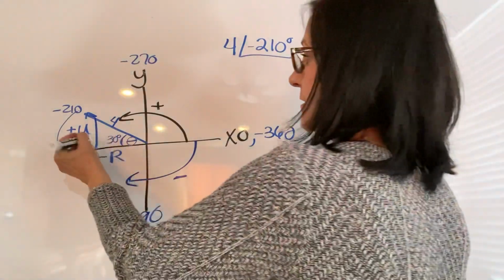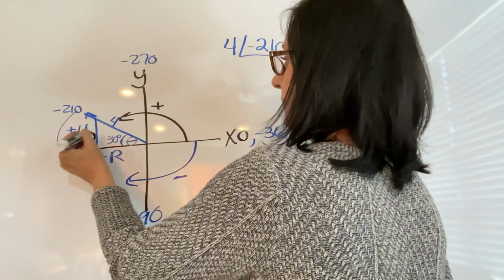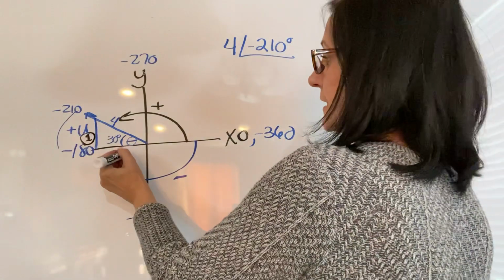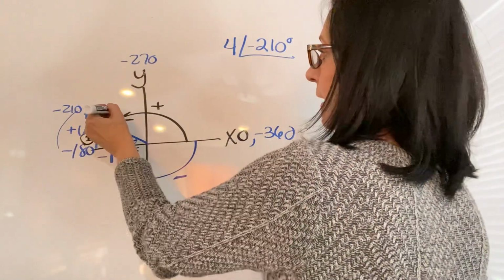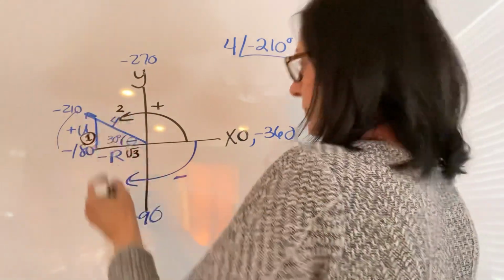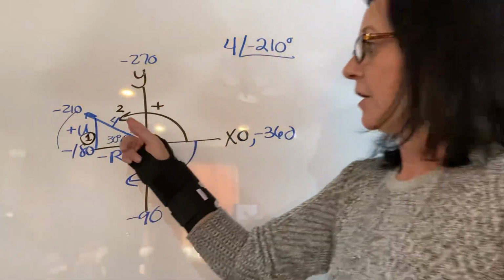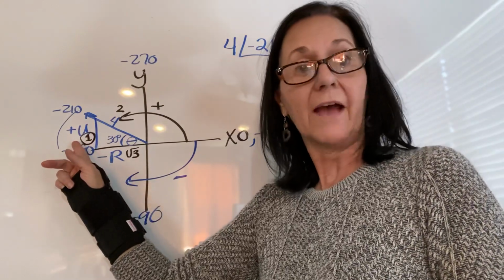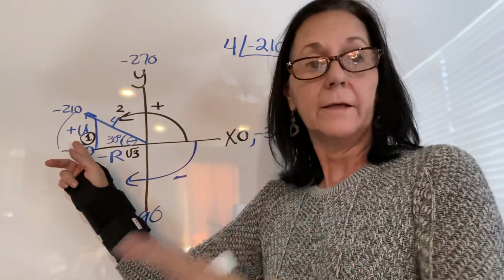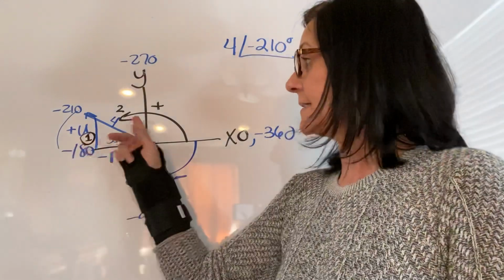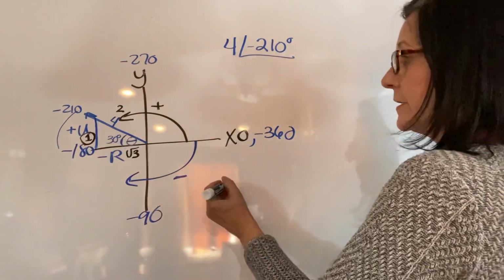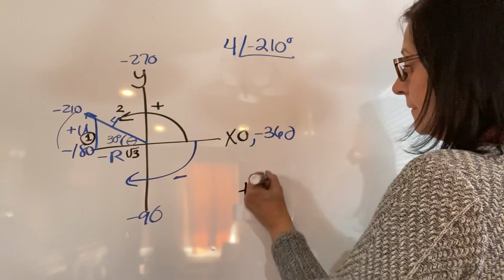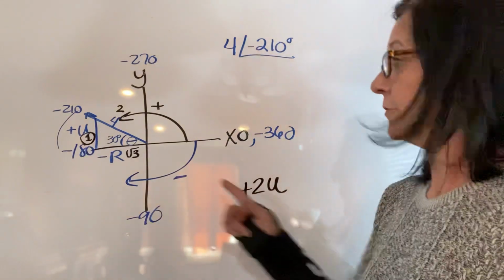The side opposite 30 is 1. The side opposite 60 is square root of 3. And the hypotenuse is 2. So this is easy. To go from the hypotenuse to the U value, I just take half. Remember, we always go back to the side opposite 30 degrees. I take half. So my U value is going to be positive 2.